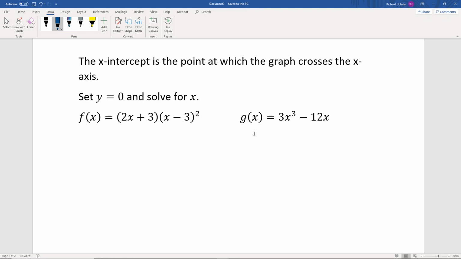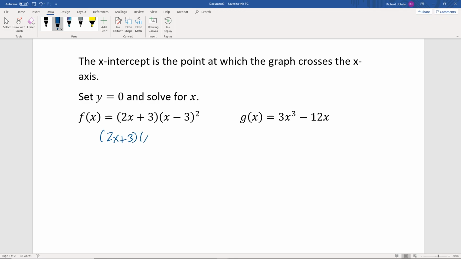That means you set your function equal to 0 and solve for x. For this first example, we have f of x equals the quantity 2x plus 3 times the quantity x minus 3 squared. This polynomial function is already in factored form, so that makes it a lot easier to solve for x.